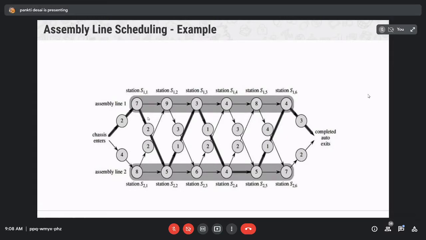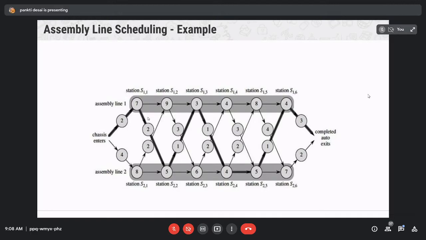Now use the dynamic programming concept and find the minimum time required to produce a final product, a car, in one automobile factory. So the first step of dynamic programming is characterizing the structure of the optimal solution.